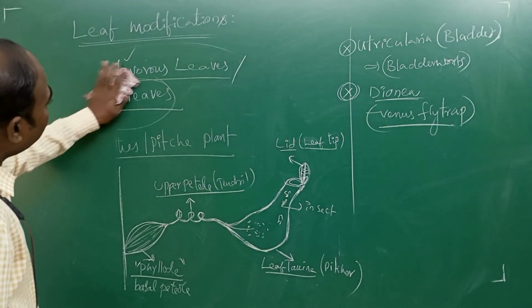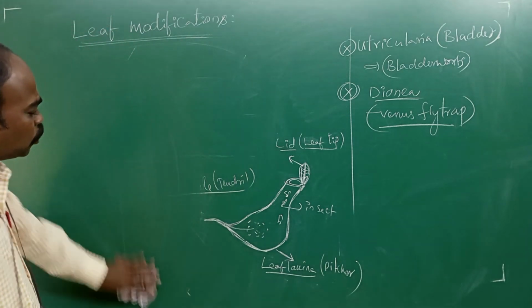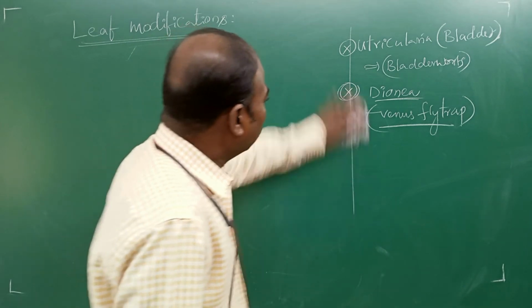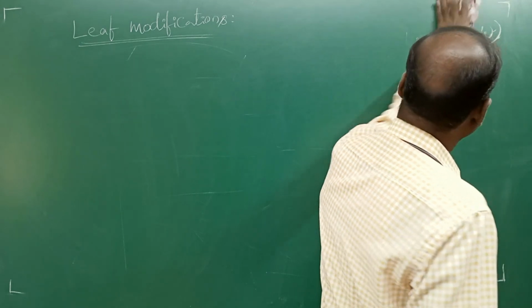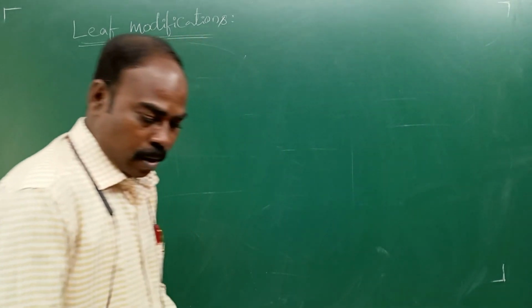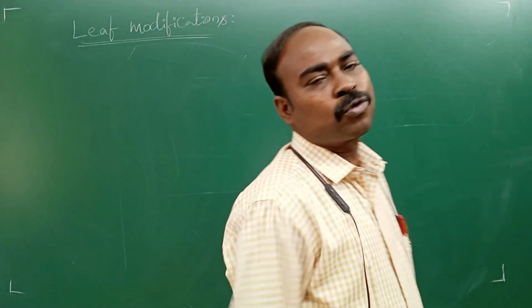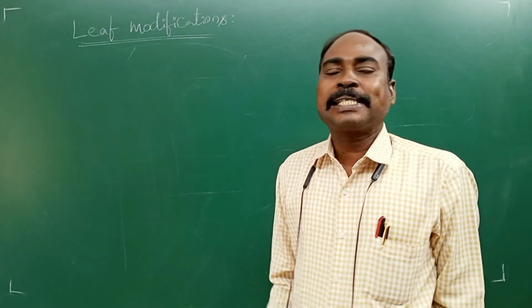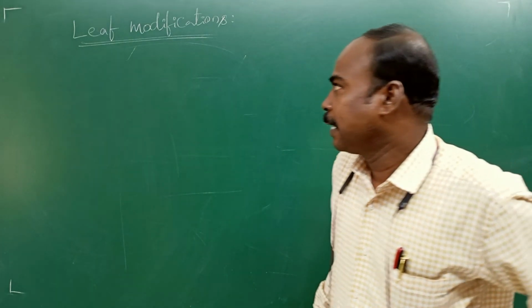So in leaf modification, we discussed leaf tendrils, spines, storage leaves, reproductive leaves, phyllodes and insectivorous leaves or trap leaves.